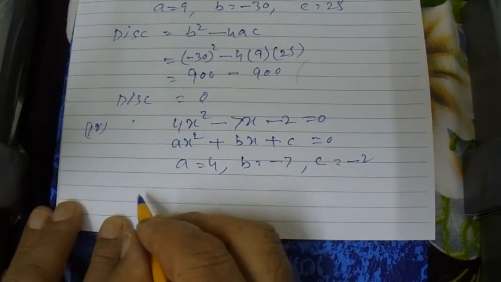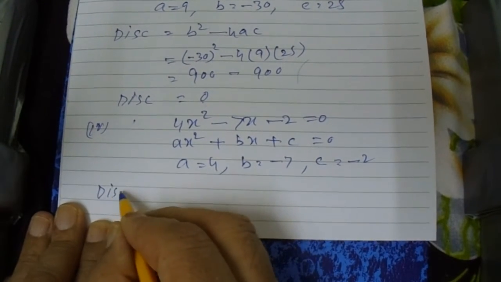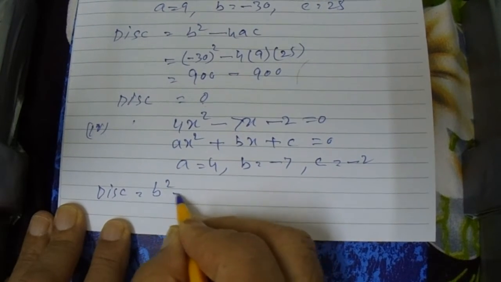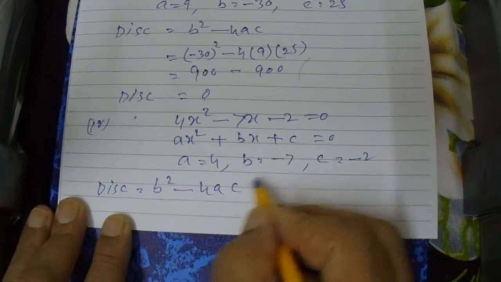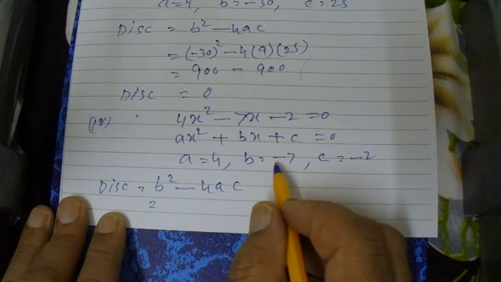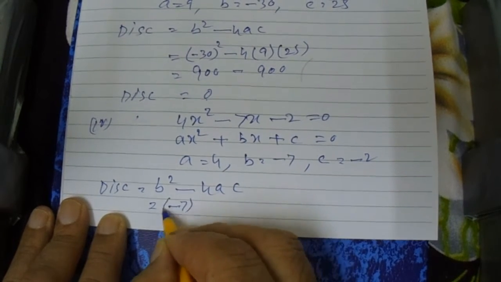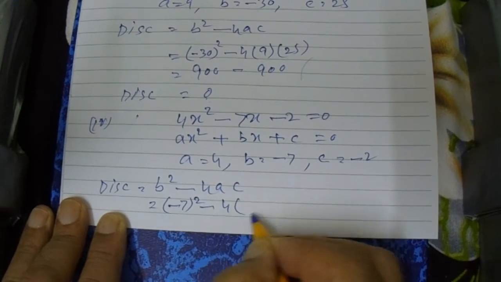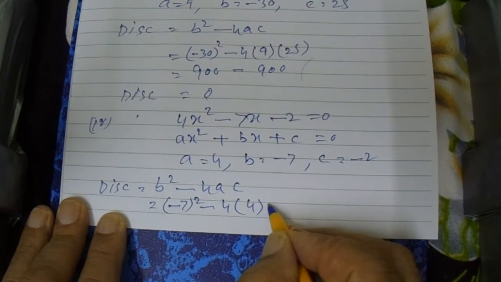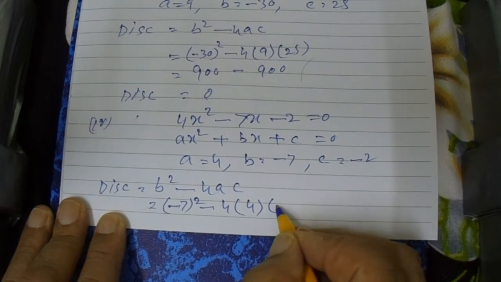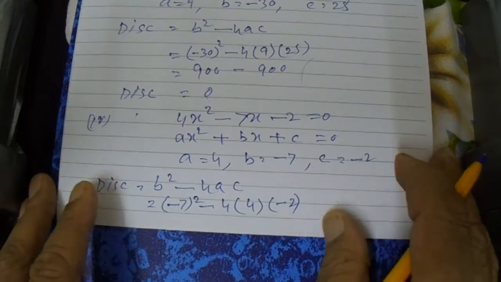Now write this. Discriminant is equal to b square minus 4ac. We put the values here. B is minus 7, so minus 7 square minus 4 into a 4 and into c, this minus 2.